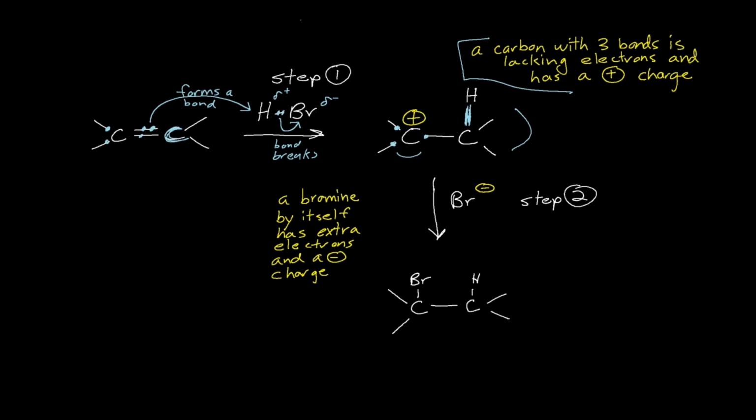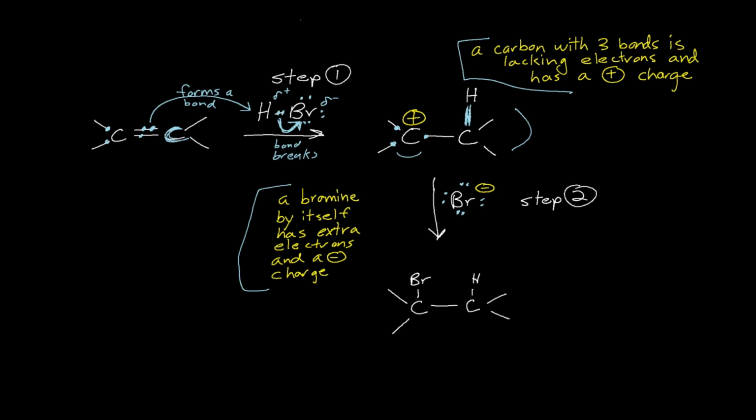Thus the next step. This next step is that a bromine by itself has extra electrons and a negative charge. How did it get the extra electrons? Oh yeah, back over here, those electrons went up onto the bromine. Technically, this bromine has 4 lone pairs on it, while before it had only 3 and a bond to hydrogen.